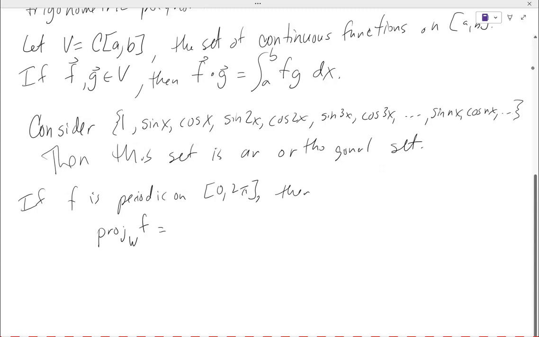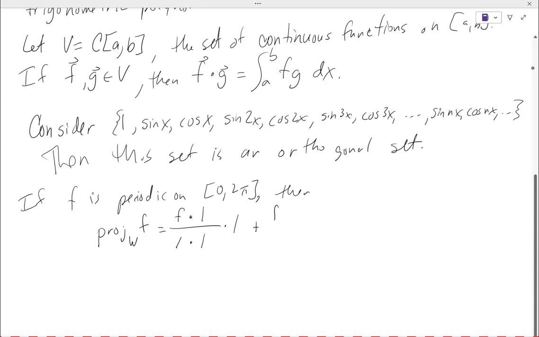What we just did before is that we have to do the inner product of f with all of those, and then divide by the inner product of all of these things with themselves, right? So I'll just write it this way to start with. I'll write it as f dotted with 1 over 1 dotted with 1, times a 1, right?